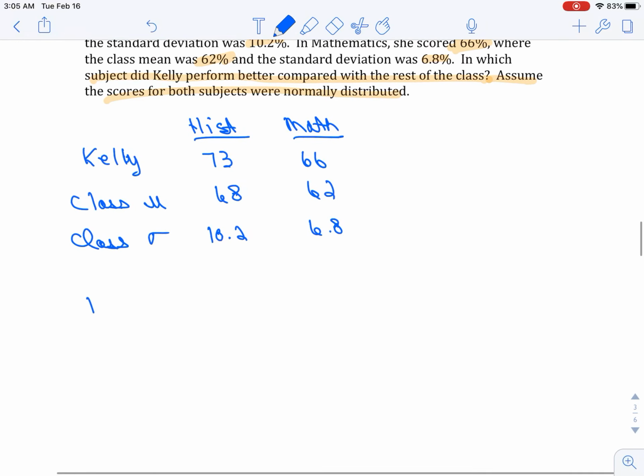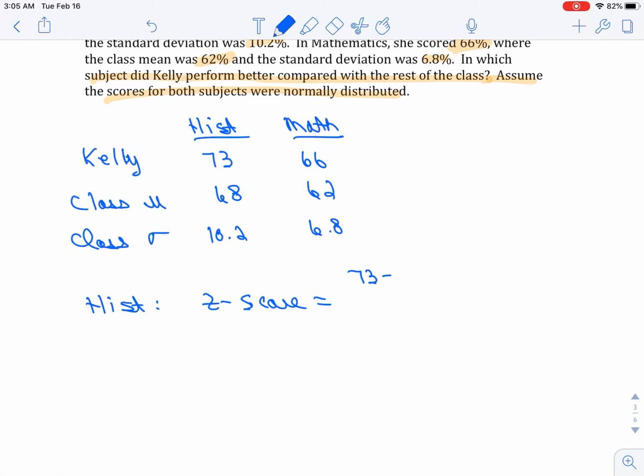All right, so in history, her z-score, according to the formula, is going to be her score, which is 73, minus the mean, which is 68, divided by 10.2, which turns out to be 0.490196, and so forth.